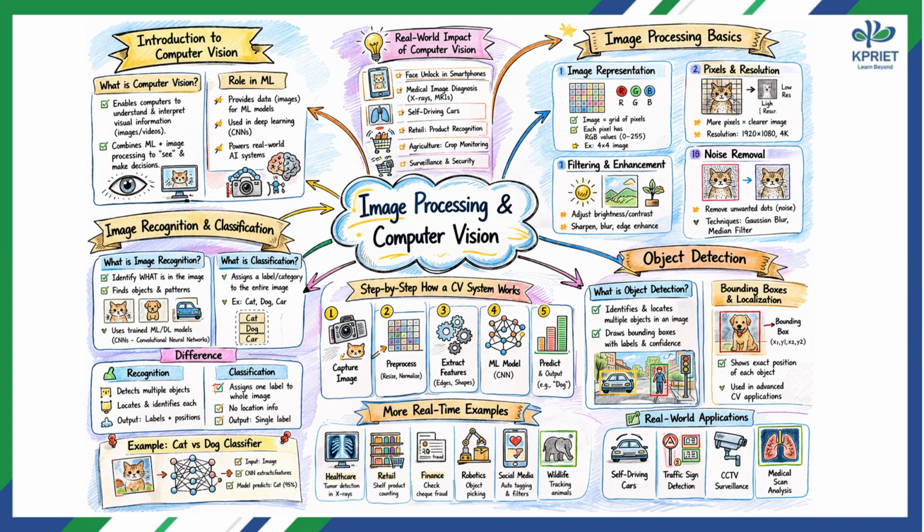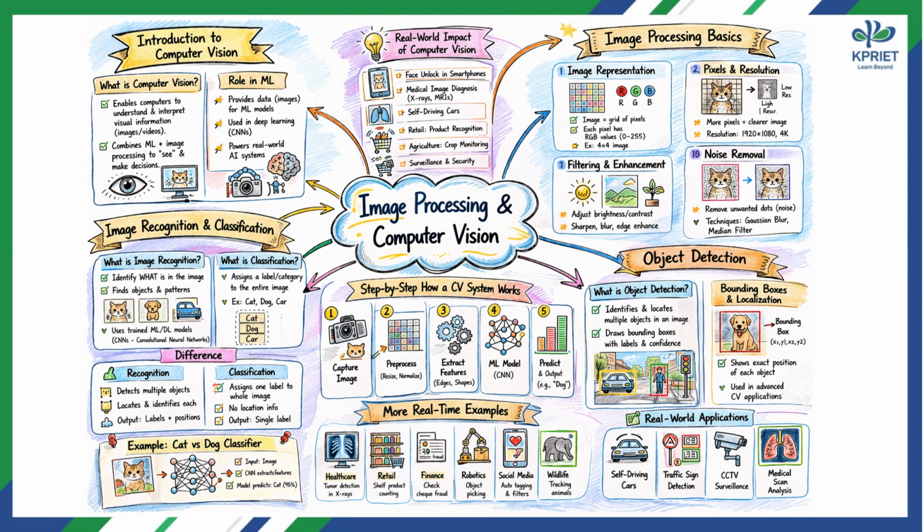Likewise, we have different types of image representation, and we need to understand more about pixels and resolution and the image pyramids associated with it. Filtering and enhancement is the back-end operation where you adjust the brightness and contrast of your image, sharpen and blur, and enhance the edges for better object detection.